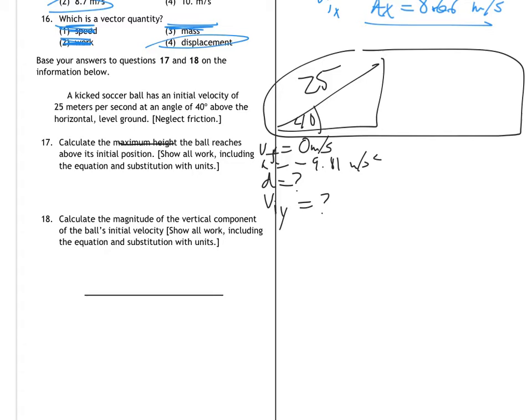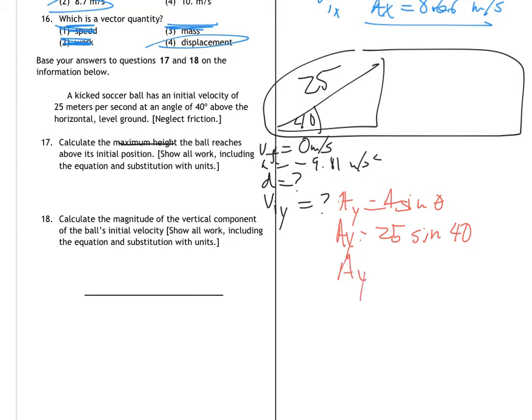In order to get the VIY, I'm going to use the equation VIY equals V sine theta. 25 is my value for V, and theta is 40.